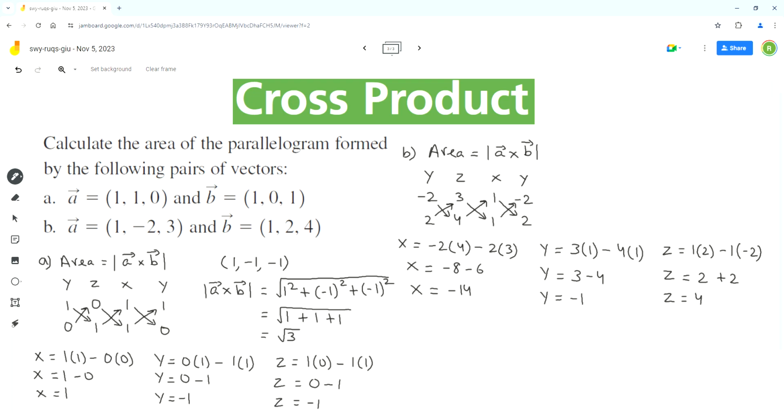So I get z equals 4. So the cross product of vectors A and B is the vector -14, -1, 4. Now we have to find the magnitude of this vector.